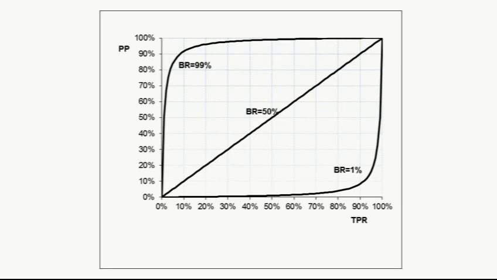You can see that with perfect evidence, that is TPR equals 1 or TPR equals 0, PP is also 1 or 0. But you can also see that even a slight drop from 1 can cause a large drop of the posterior probability if the base rate is small, as in here.